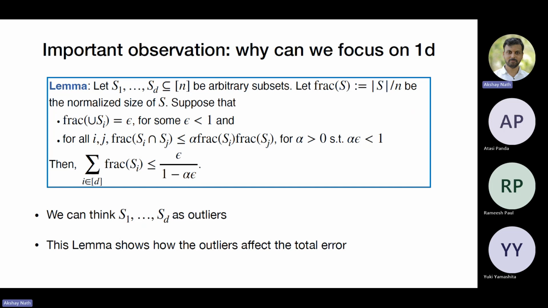We have already seen the theorem that the TV distance is bounded by the sum over each coordinate. The sum of outlier errors in each direction is bounded by a constant times their union. So that's enough for us; we already get a C epsilon bound.